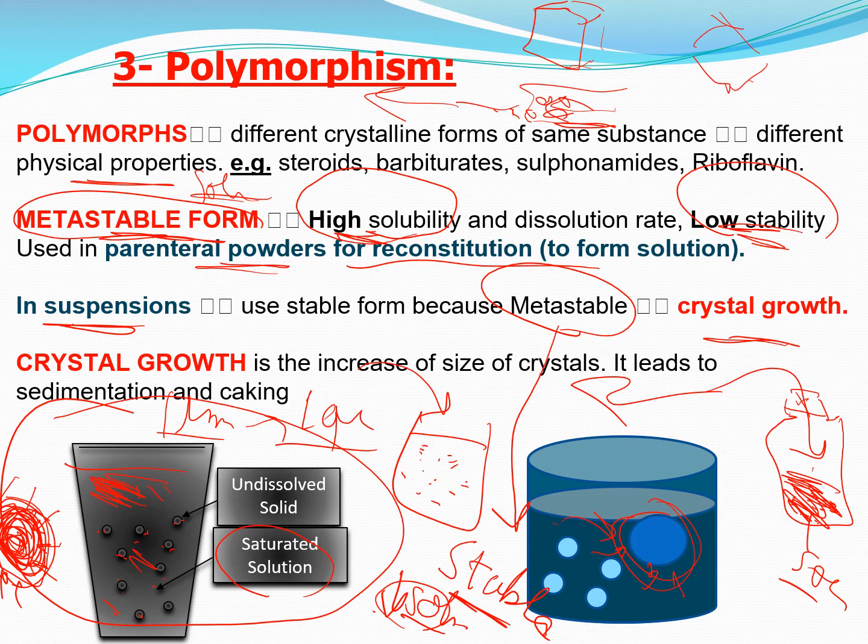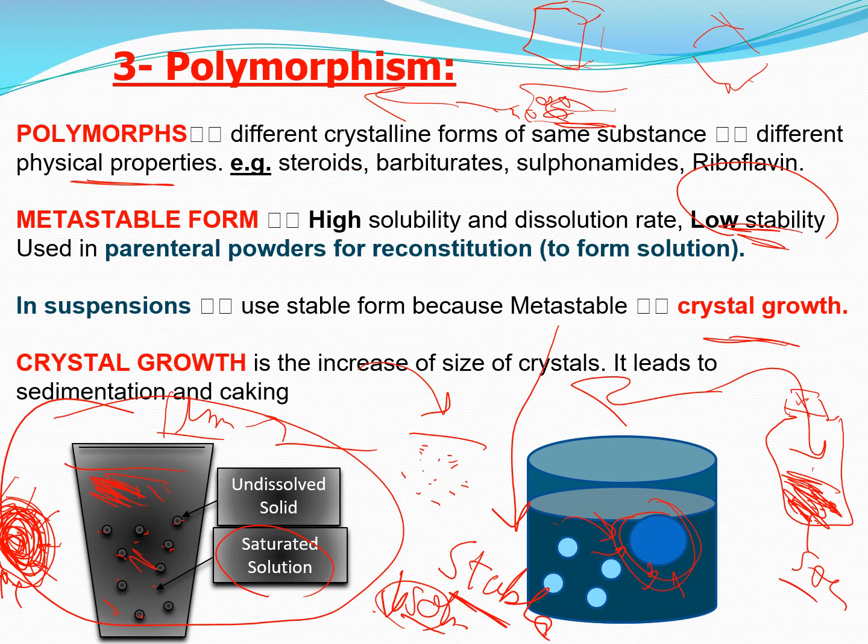So as a summary to that, if we have a suspension, it's better to use the stable form, not the metastable form. We should use the stable form, otherwise crystal growth will happen. And if crystal growth happen, particle size of suspension will increase, and this may block the needle and cause pain to the patient.